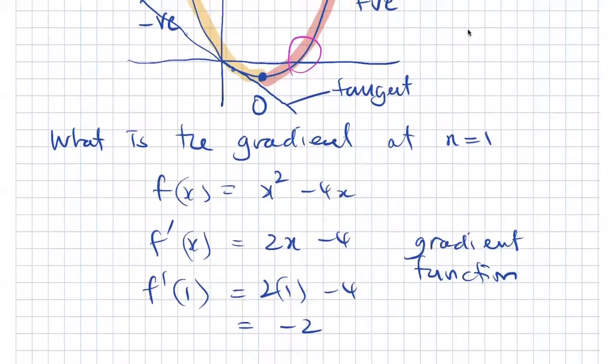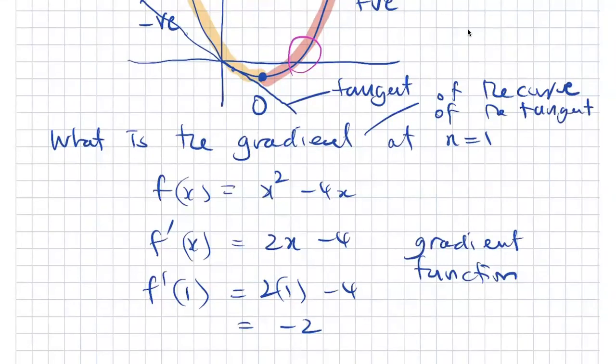So we could say, what is the gradient of the tangent at x equals 1? That is interchangeable with: what is the gradient of the curve at x equals 1, or of the tangent to the curve at x equals 1.